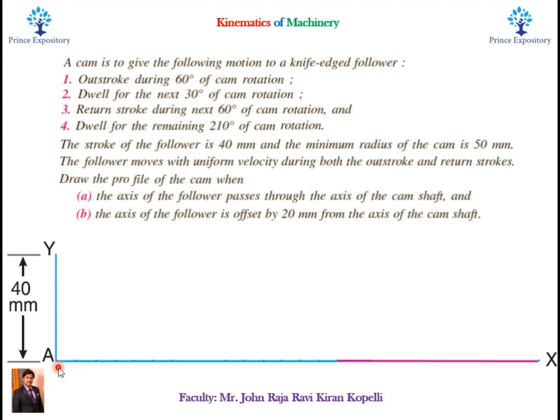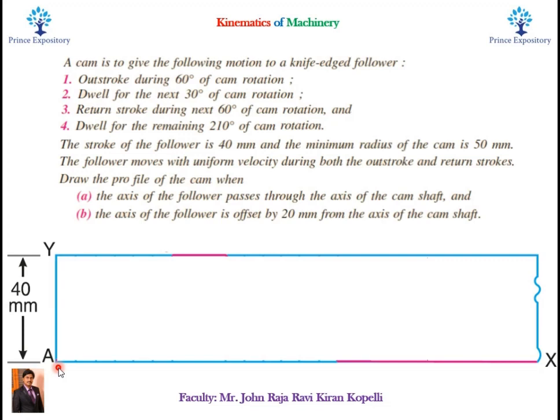Even if we consider 10 degrees is equal to 1 centimeter, on conversion, if it doesn't allow the diagram to fit on the page, we can go for a reduced scale, like 10 degrees is equal to 0.5 centimeters. You can go in that way according to your convenience. After converting these angles of cam rotation into centimeters, now we will indicate them representing different segments.